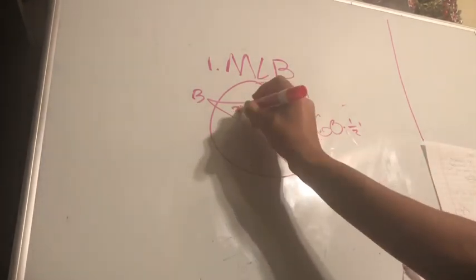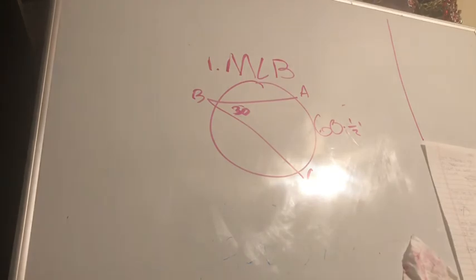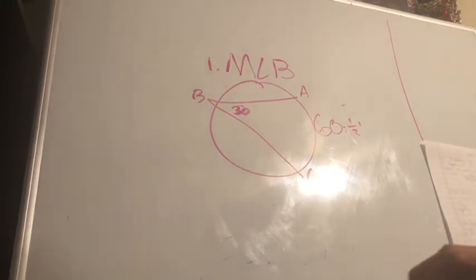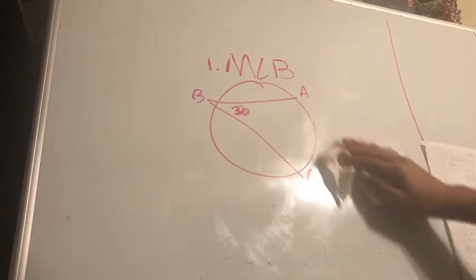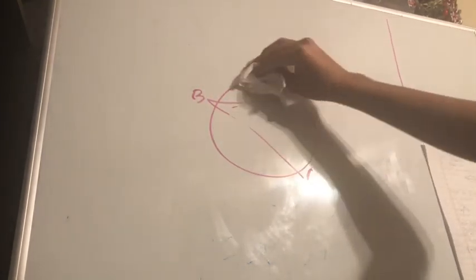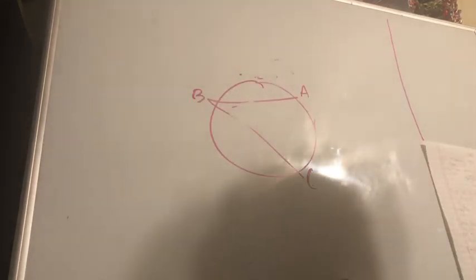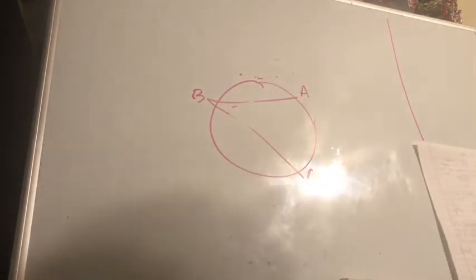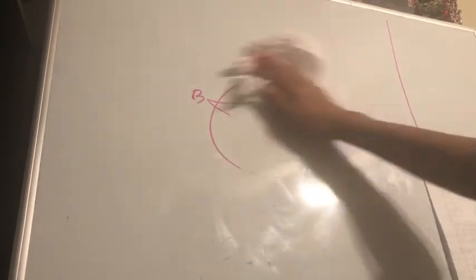So this is how you really figure out and understand why sometimes it's times 2 and sometimes it's times 1/2. This is pretty basic, like beginner, and it eventually gets a little bit harder, but that is not what we're getting into today.